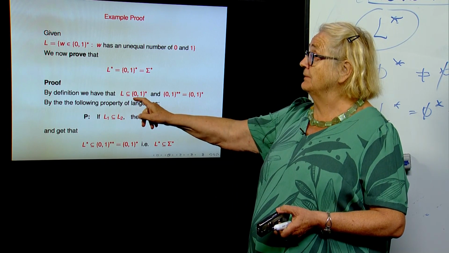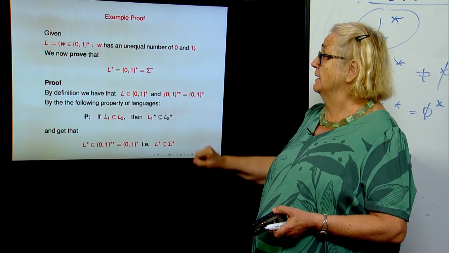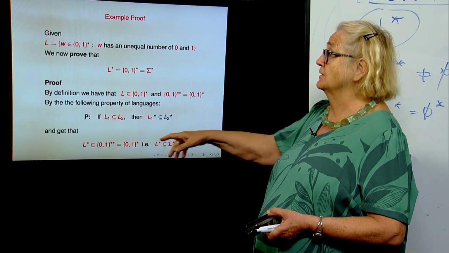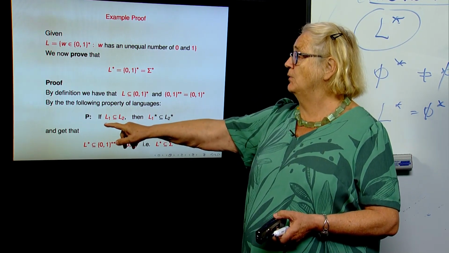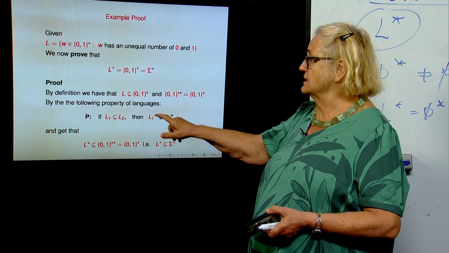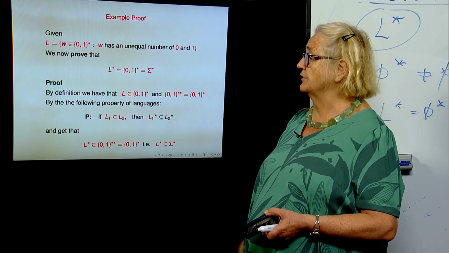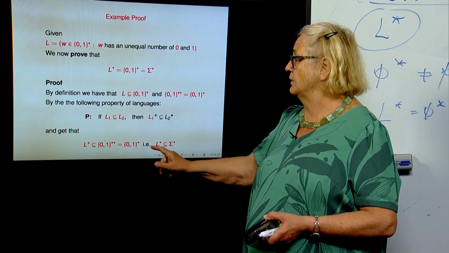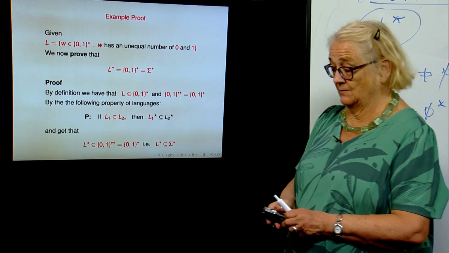So L is a subset of {0, 1}, and {0, 1} star star is the same. You have the property that if L1 is included in L2, then L1 star is included in L2 star, you can star on both sides. So when you have L star, it would be {0, 1} star star, which is {0, 1} star, so L star is sigma star.